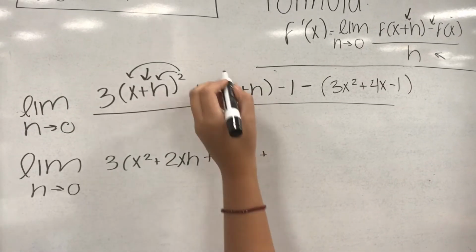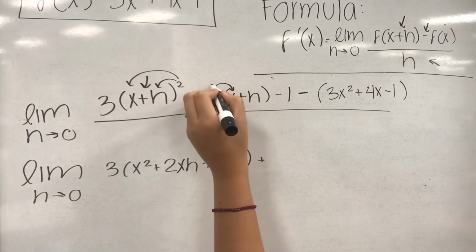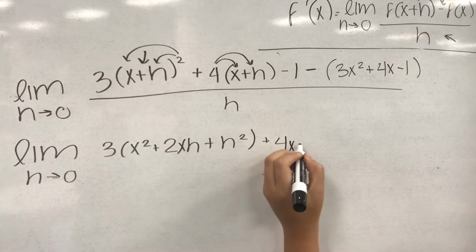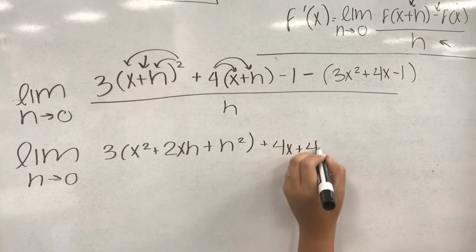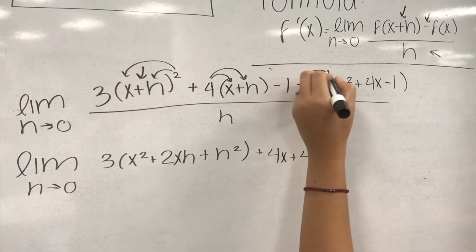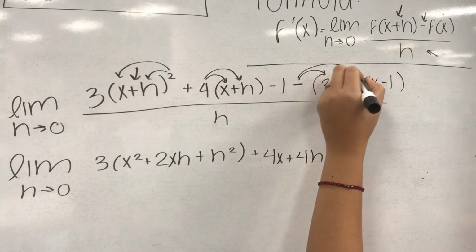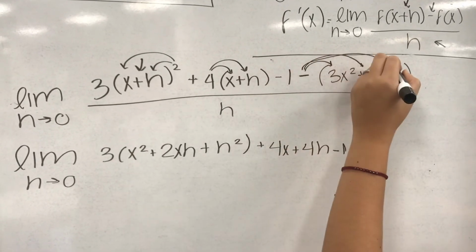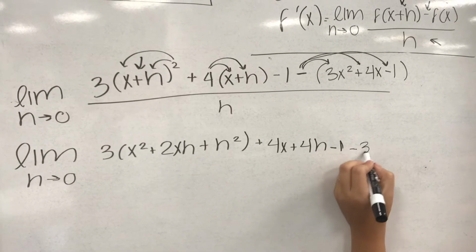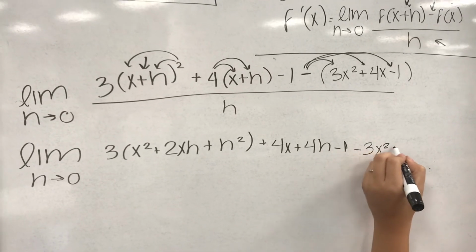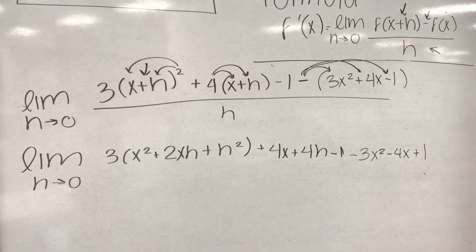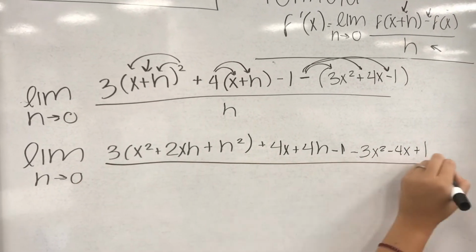We open that, we distribute, which will be 4x plus 4h, then minus 1, and then you have to change the sign of every single term on this trinomial. So just copy and rewrite it all down with the negative sign, which affects every single term. Everything over h once again.